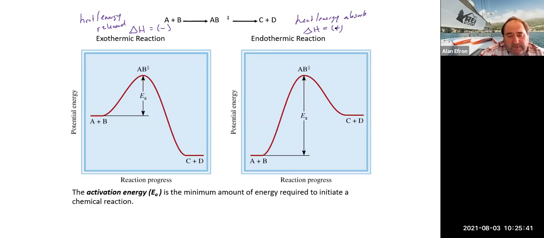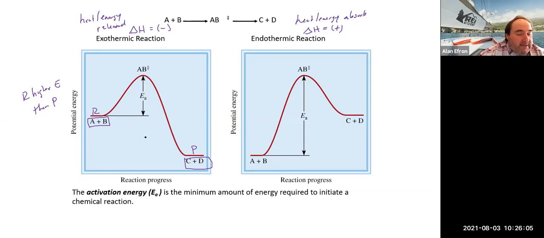How can we tell the difference between these 2 diagrams? Well, it really revolves around where we see the reactants. Over here, our reactants versus our products over here. And what we see in this case is our reactants are higher in energy than our products.